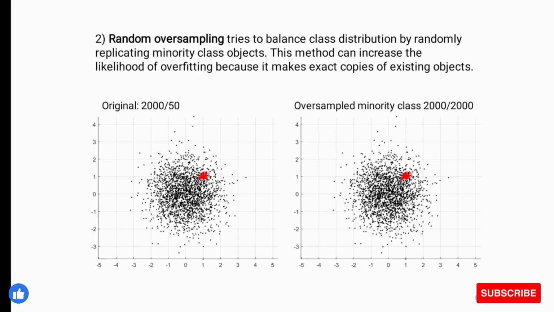We're going to duplicate data from the minority class randomly to say that there's more with the same data. So it's exactly the same points, just stacked on top of each other. Same exact data, same exact distribution. It's just randomly duplicating it. Okay, not changing it in any way, just duplicating it.